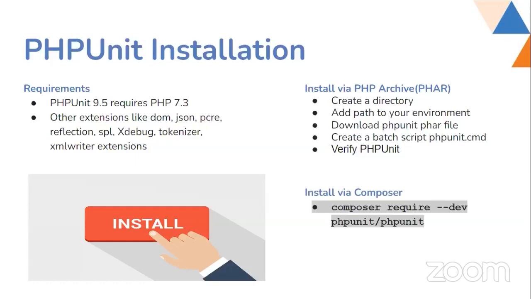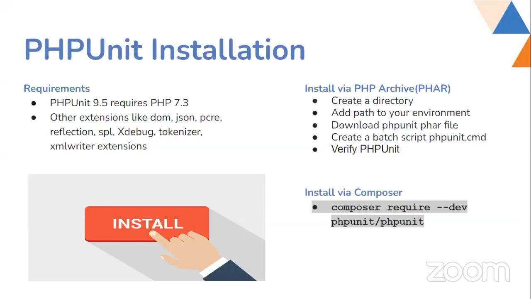First, I will explain how we will do it using Composer. You will go to the directory of your project through terminal and write this command, and then you will find PHPUnit installed in your project.